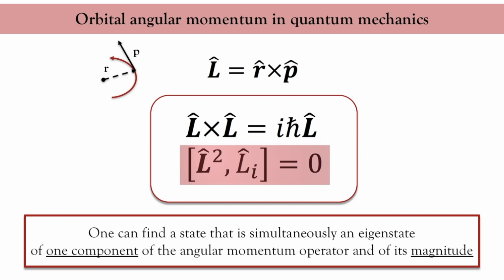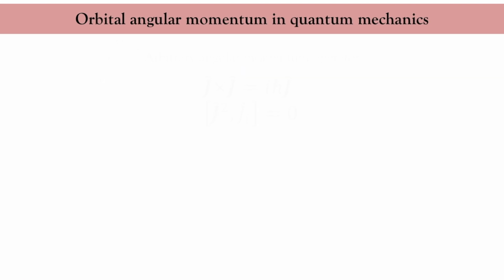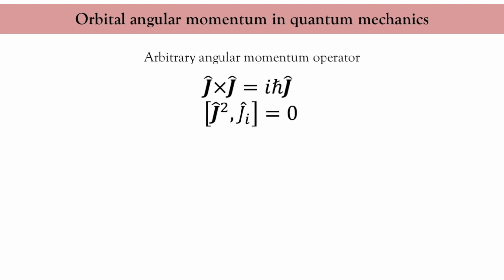The direction of the component we choose to determine the eigenstate is called the quantization axis. Actually, these rules apply to any angular momentum operator, not just the orbital angular momentum operator. So if I define an angular momentum J, I will find the very same commutation rules.